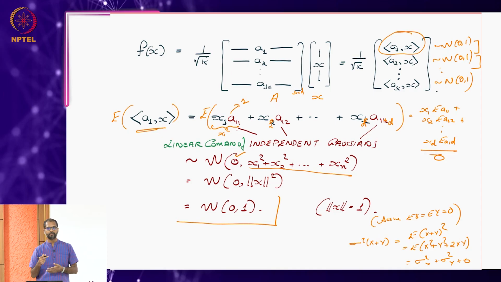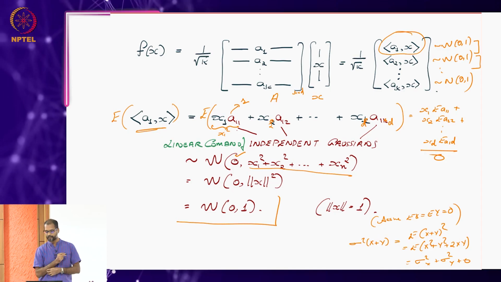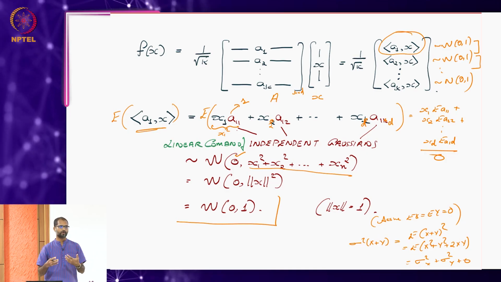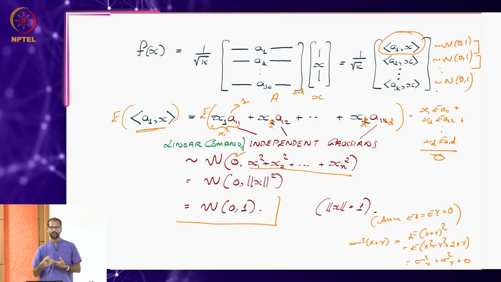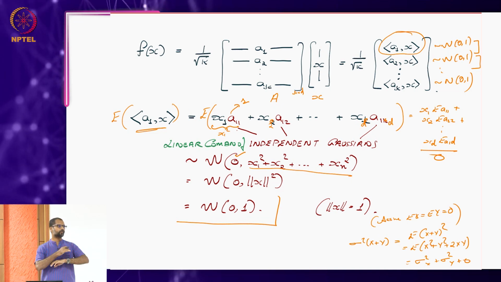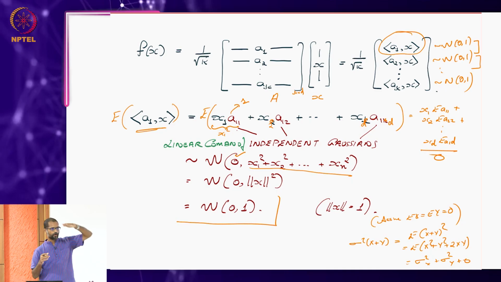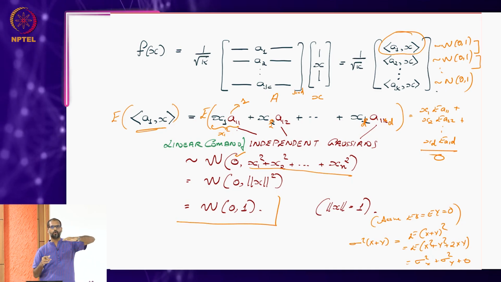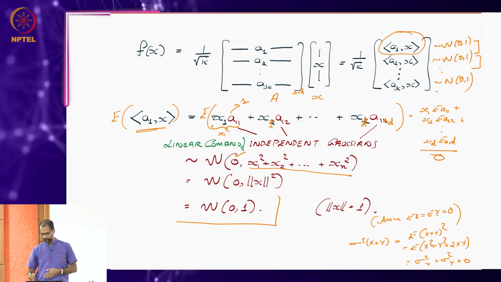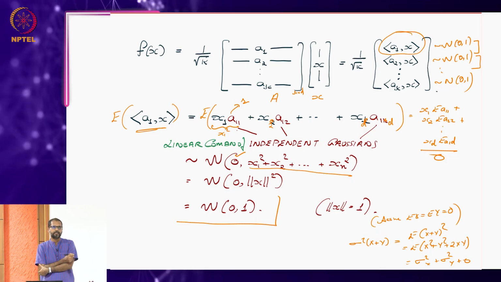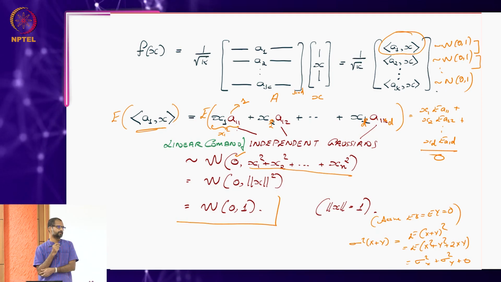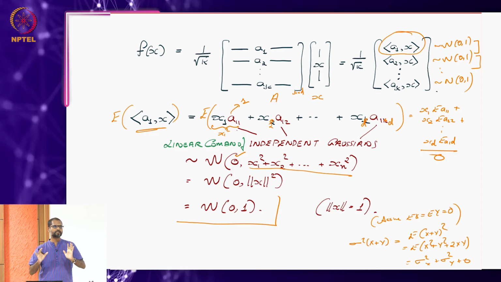What are the random variables which mix together and make the second entry of the answer? Yeah, the random variables from the second row. Are they independent? Right, because in our random matrix A, every entry has full mutual independence, right? So, all the random variables in the first row are independent from those of the second row and so on. So, the answer that you see here, it is not just that each entry is a standard normal, they are also mutually independent. Okay. So, we are in very, very good shape so far.